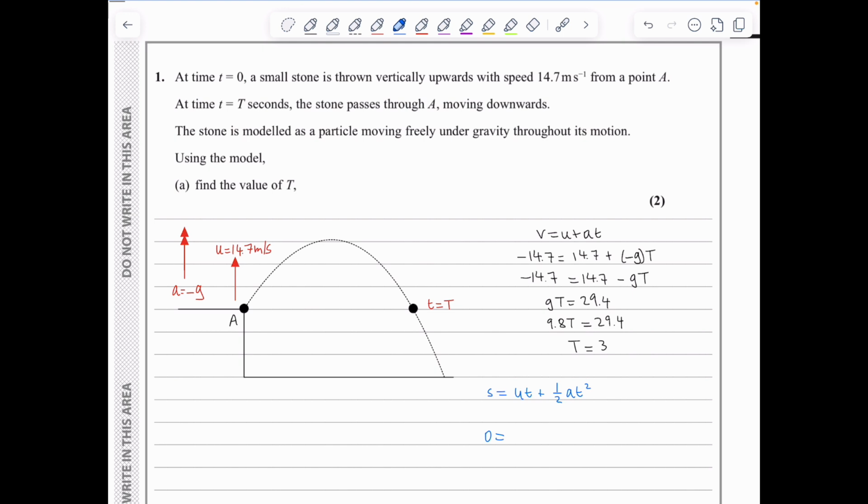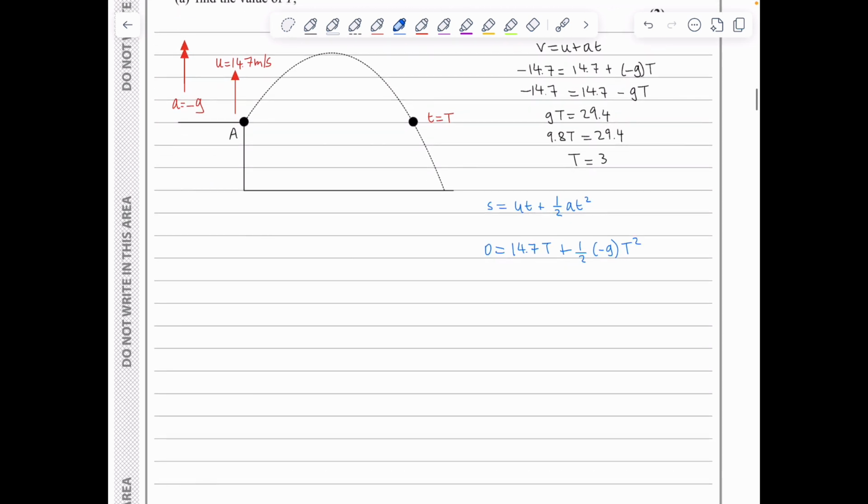So 0 is equal to 14.7 capital T plus a half times minus g times capital T squared. So we're looking at 0 being 14.7 capital T plus a half times minus 9.8 times T squared. So we have 0 is 14.7 capital T minus 4.9 T squared.